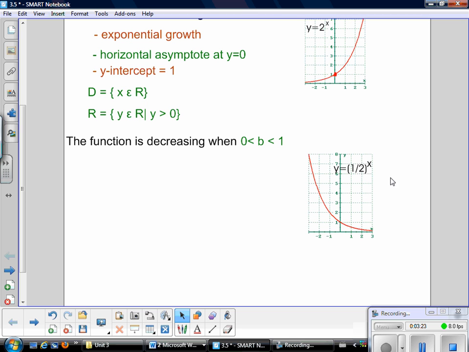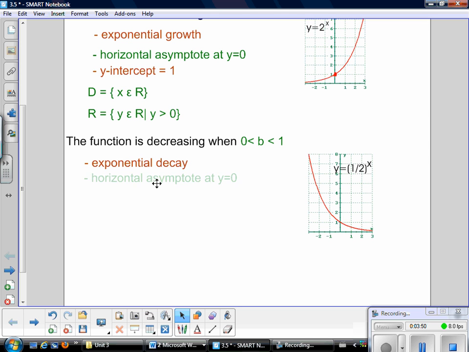Now, in your graphing calculator activity, when b equaled 1, you ended up with a horizontal line through the y-axis at 1. We call this type exponential decay, and there are financial aspects to that as well as real world.